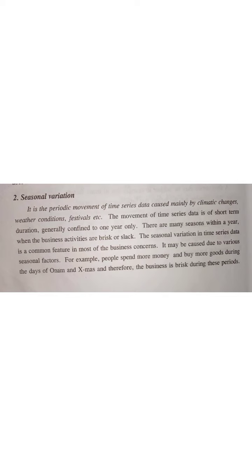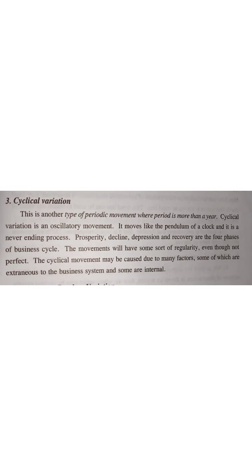This is another type of periodic movement where the period is more than a year. Cyclic variation is an oscillatory movement. It moves like the pendulum of a clock. It is a never-ending process. For example, prosperity, decline, depression, recovery. These are the 4 phases of a business cycle.